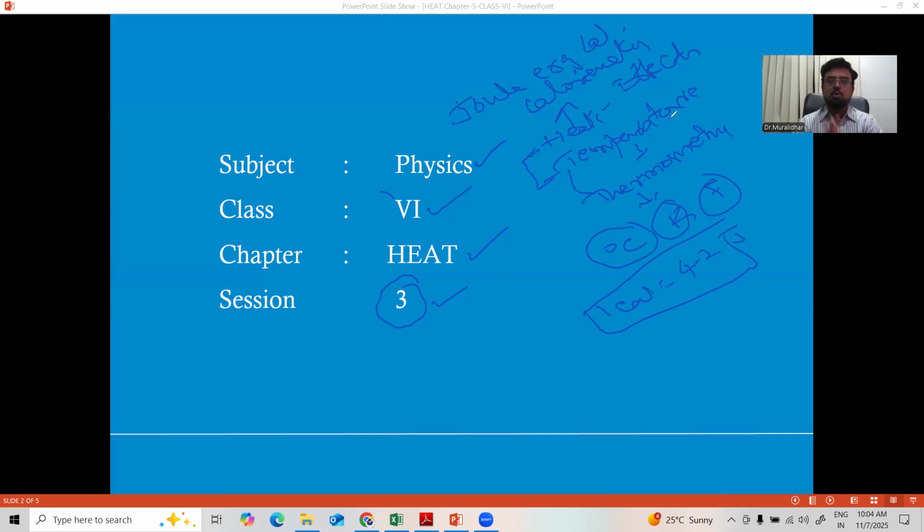Heat is a form of energy which makes the body either hot or cool. If any body absorbs heat, it becomes hot. When a body radiates heat, it becomes cold. The degree of hotness or coldness is called temperature.